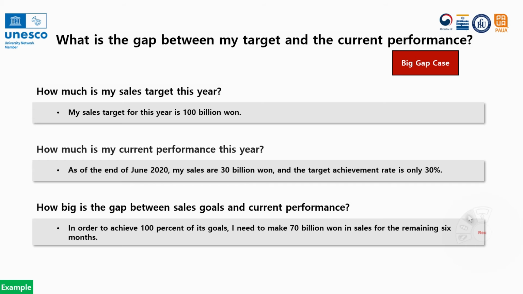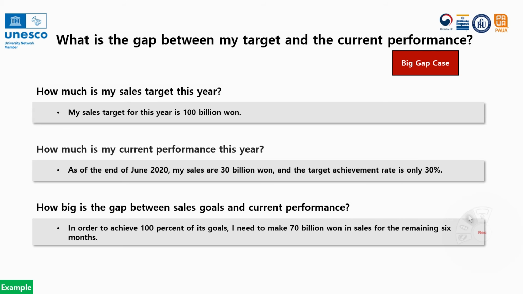We have no idea whether this target is high or low, but by comparing this target level with the past year's target or with the past year's performance, we may assume whether this target number is high or not. So this is the target.